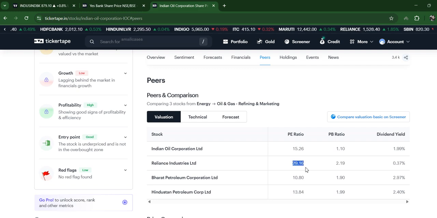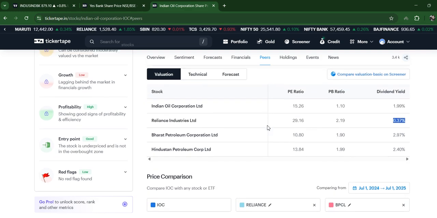The same applies to Reliance, BPCL, HPCL, etc. Their dividend yield ratios are also given. One share of IOC gives a dividend of 1.99%. Reliance gives 0.37%. Some companies give less dividend because they reinvest in their companies, so that could be one of the reasons.